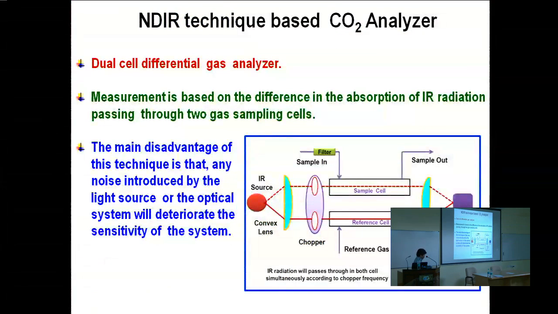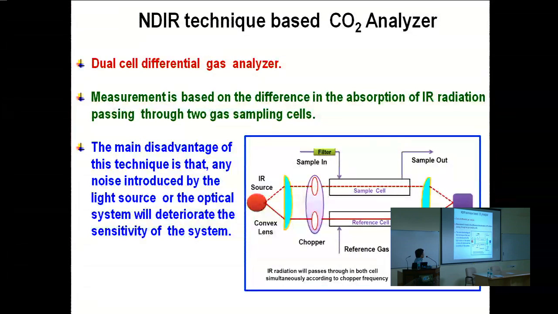It contains a dual cell analyzer, that is, one sample cell and one reference cell, and this is a monochromatic source. It illuminates radiation through both cells, and on the basis of the difference in intensity and absorption of both cells, we can calculate the ambient value of atmospheric CO2.